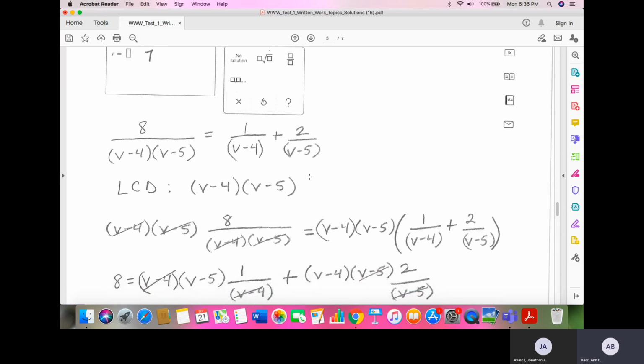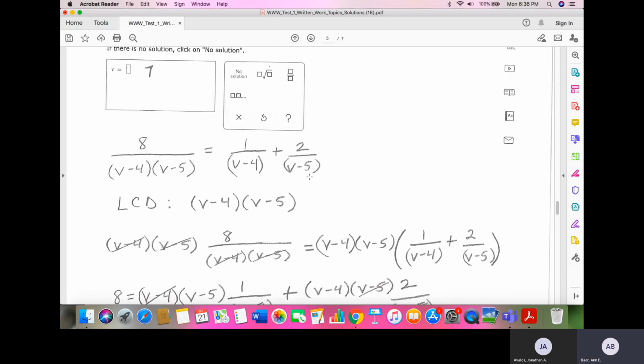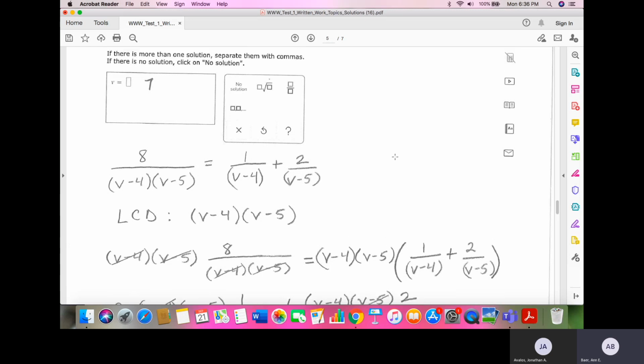So what we're looking for is the LCD, because we want to wipe out the fractions. I mean, there's always going to be an understood 1 there, but we want to get rid of the denominators. That's what we want to do. So let me just show you what's happening here.